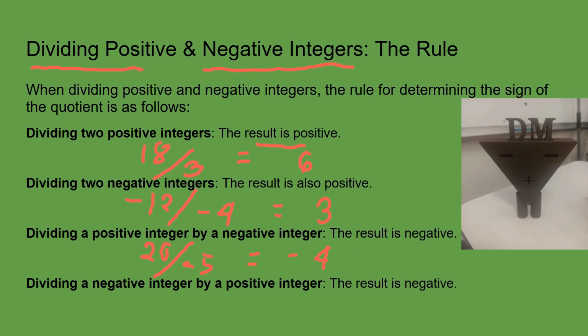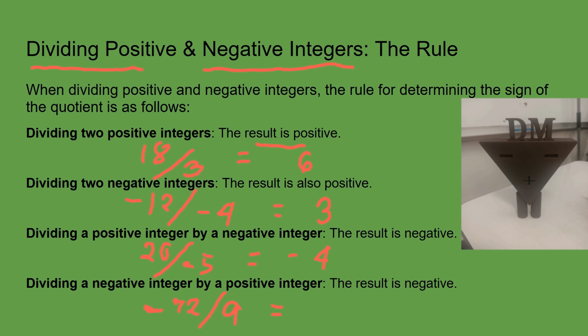Okay? Next, how about dividing a negative integer by a positive integer? Let's have an example. Negative 72 divided by 9. You can see here the negative integer is negative 72 and the positive integer is 9.